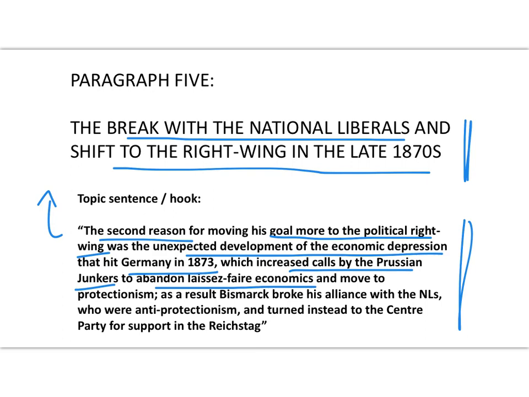There needed to be stronger state intervention now that the government needed to interfere in economic matters, and in particular the Junkers were calling for a policy of protectionism, moving away from the previous policy, which had been free trade, laissez-faire.